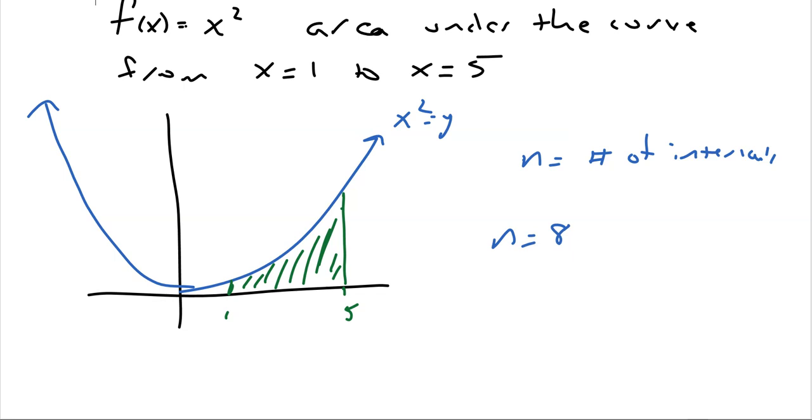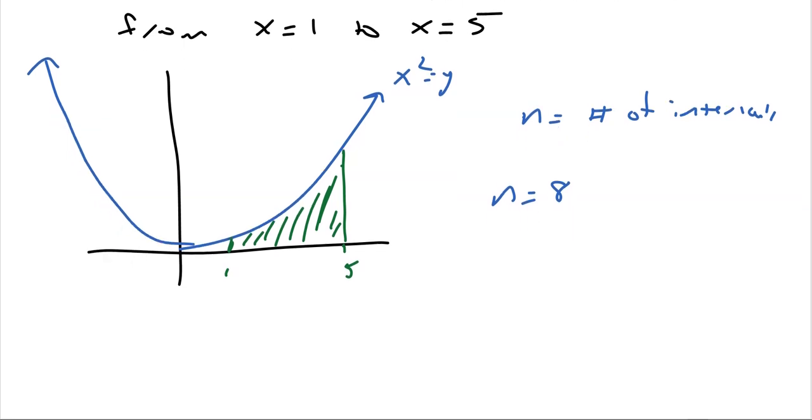Okay? Now, what do we do with this? Okay, well, first, remember we're making a bunch of rectangles in here. So we're going to make 8 rectangles. See, 1, 2, 3, 4, 5, 6, 7, 8.